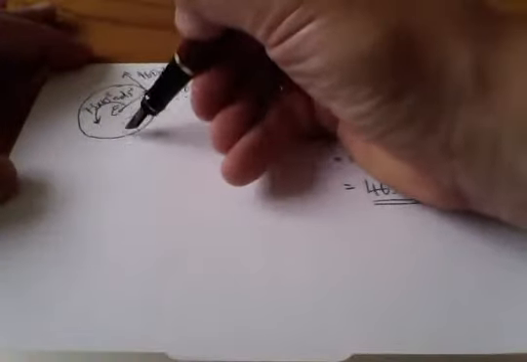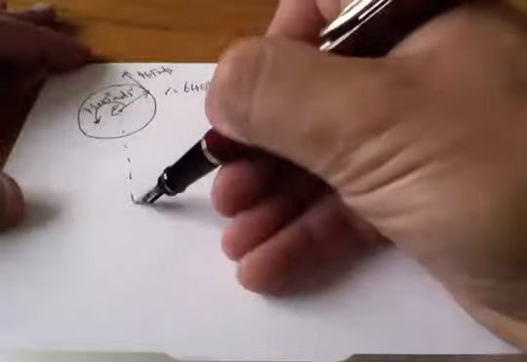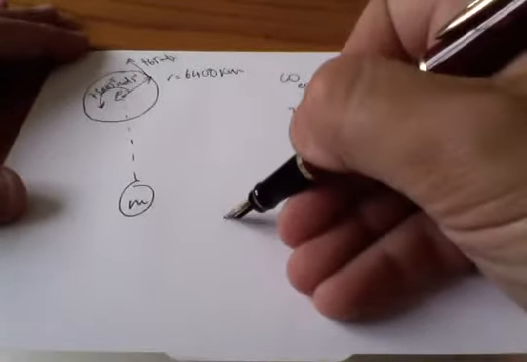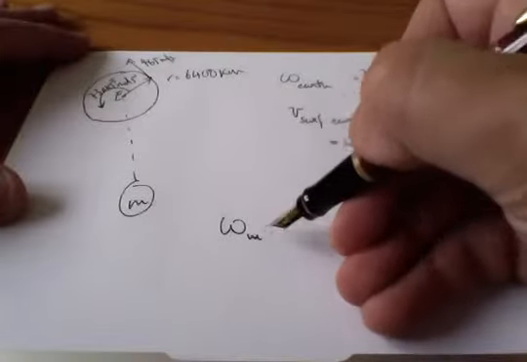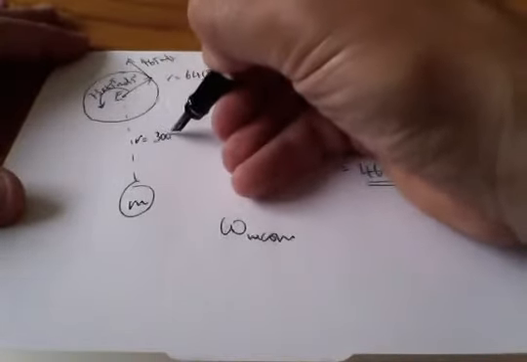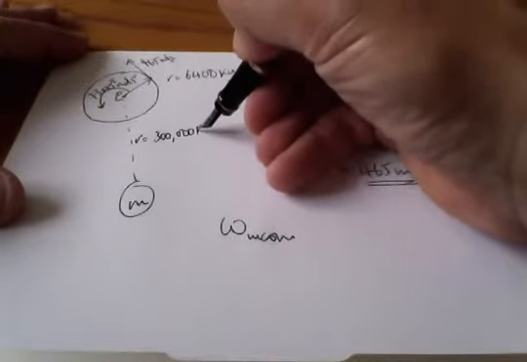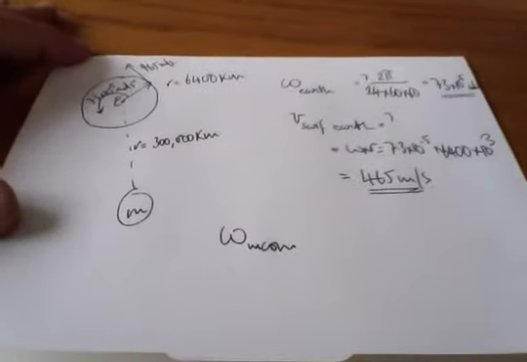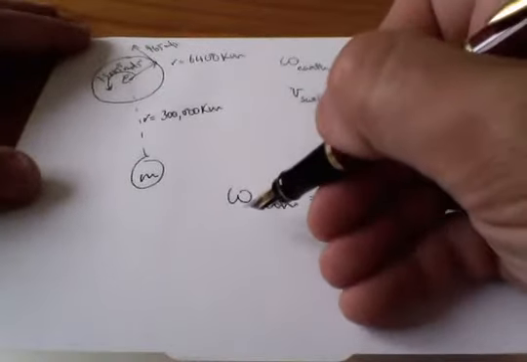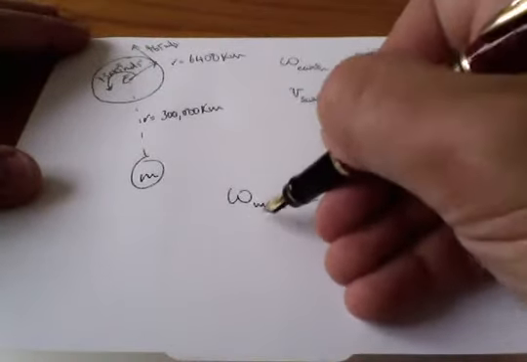Okay, let's move out towards the Moon. What is omega of the Moon if the radius here is approximately 300,000 kilometers? What is omega of the Moon about the Earth?